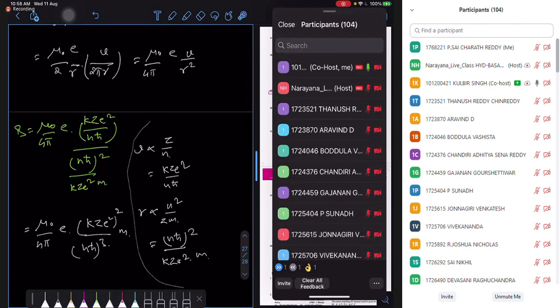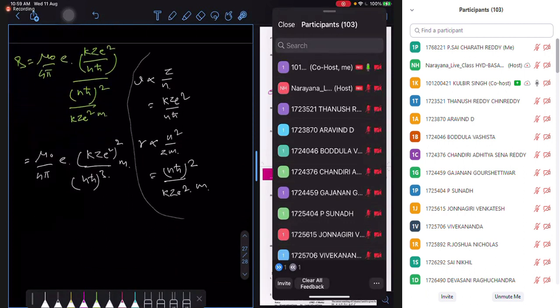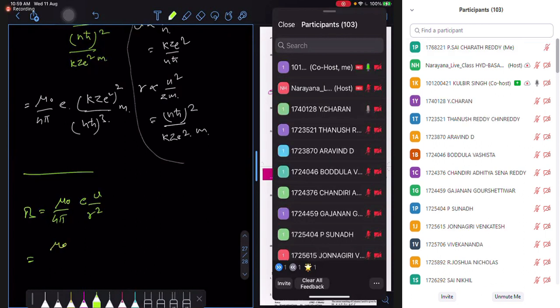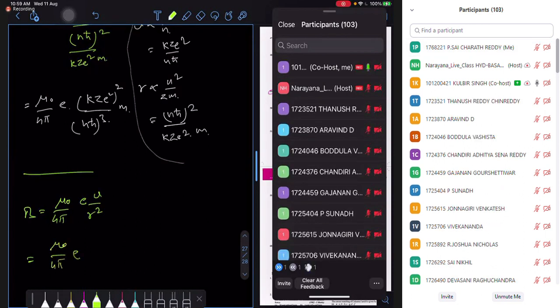In terms of value, it is also quite easy to find out the magnetic field because I know my V value. Directly, you can put here the V and R in terms of value. So μ0/4π e V by R squared.